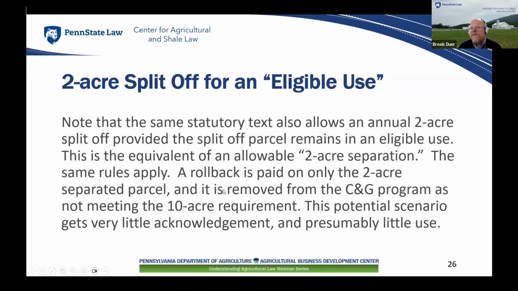You can still have 2 acres of wood lot and not suffer that much economic consequence from it. And of course, ultimately when the house gets built, then it becomes a split off for a residential lot. Okay, so that's a good thing to know because that's kind of buried in the law.